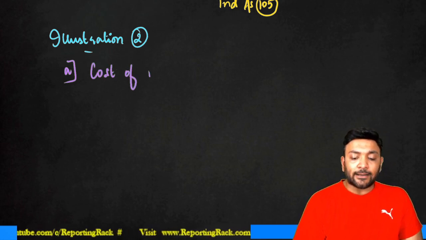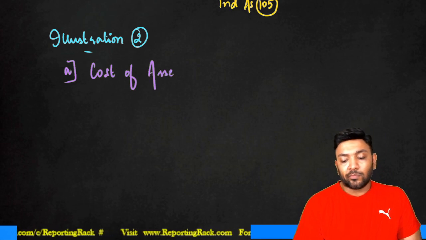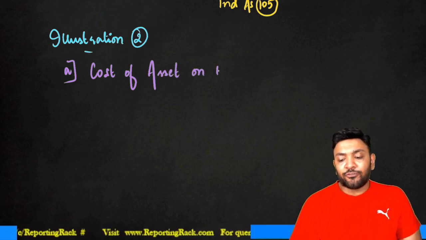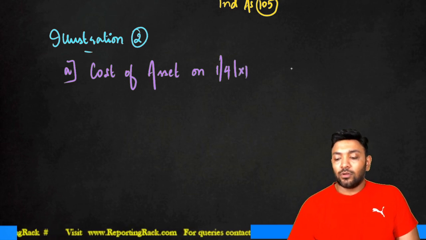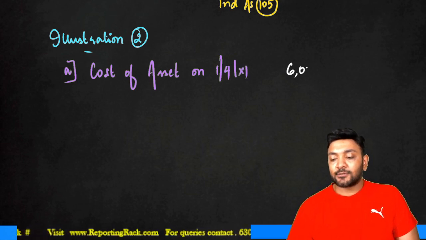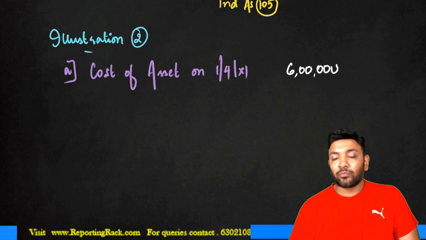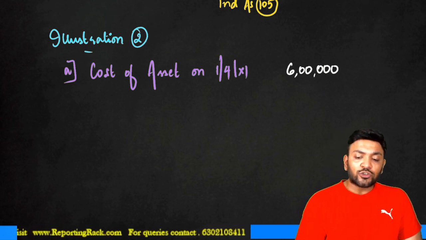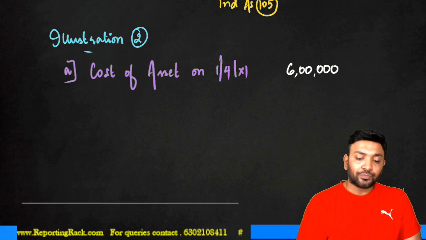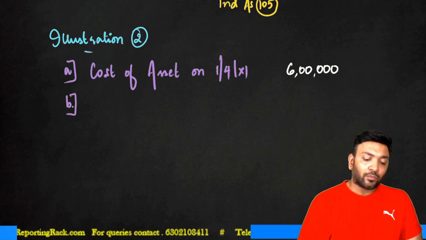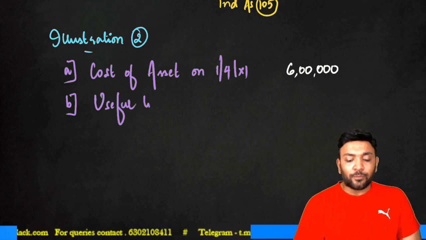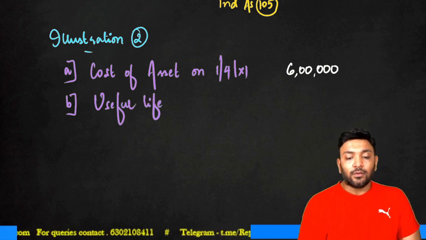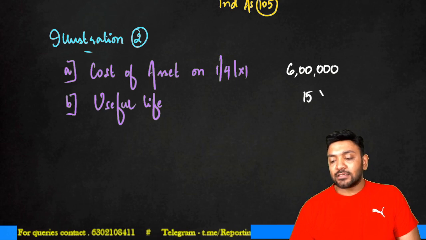Cost of asset on 1st April 2021 is 6 lakhs. Useful life of the asset, I'm assuming that the residual value is 0, is 15 years.